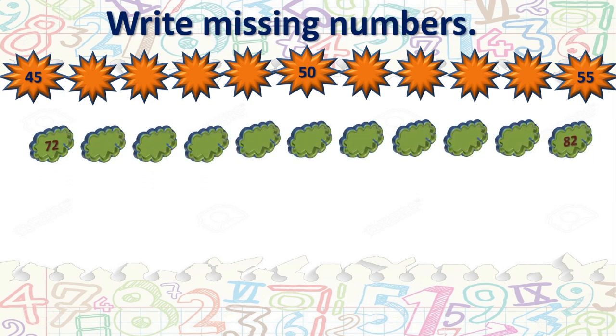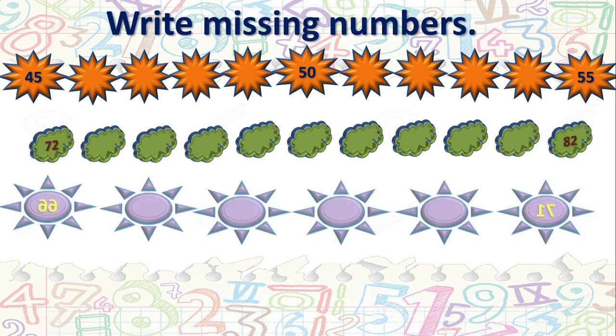Second line 72 and it stops at 82. So please write all the missing numbers on these clouds. Here again it begins from 66 and ends at 71.